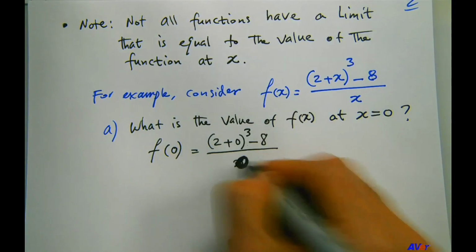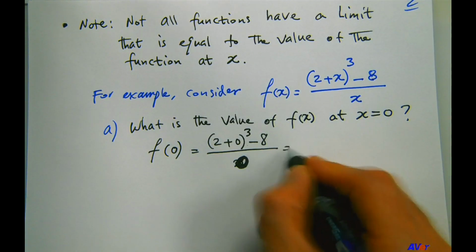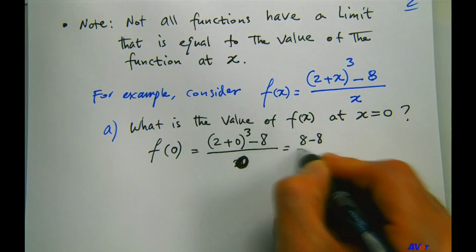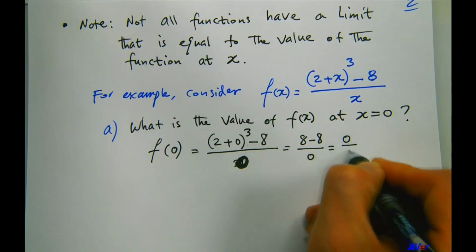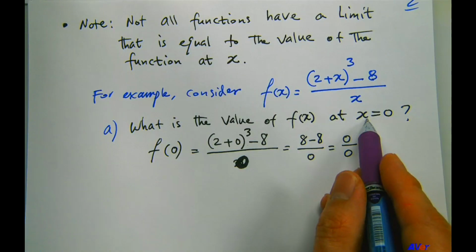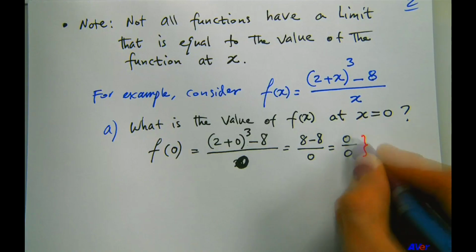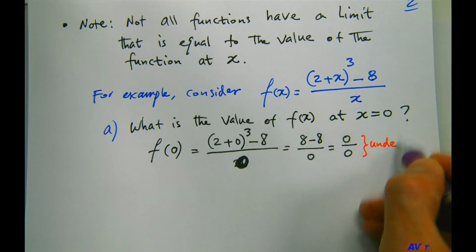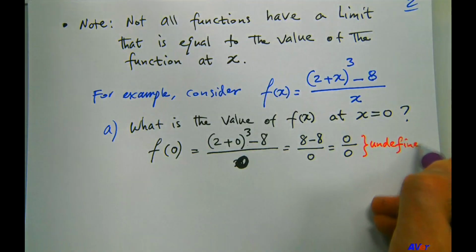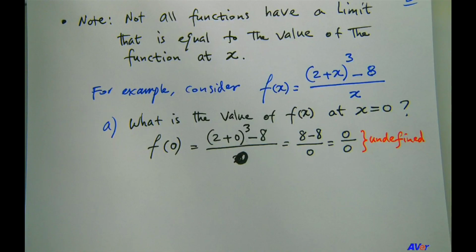So this would be equal to 8 minus 8 over 0, 0 divided by 0, and we know that at x equals 0, this function is undefined, right? 0 divided by 0, that means at x equals 0, that function is undefined, okay? But the question is, does the function have a limit at x equals 0?